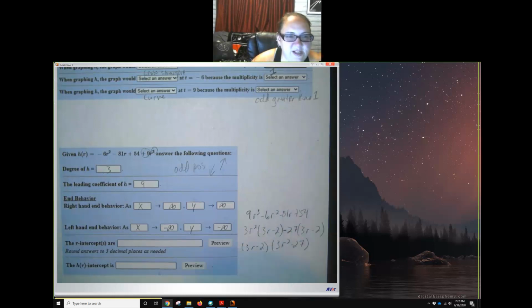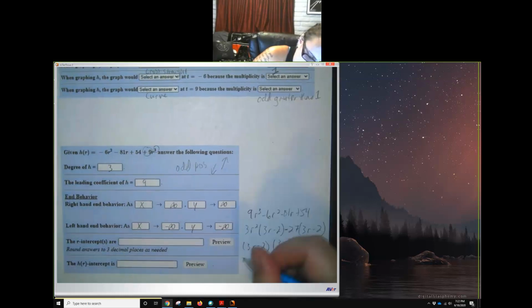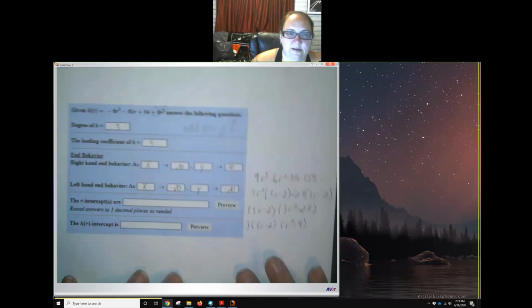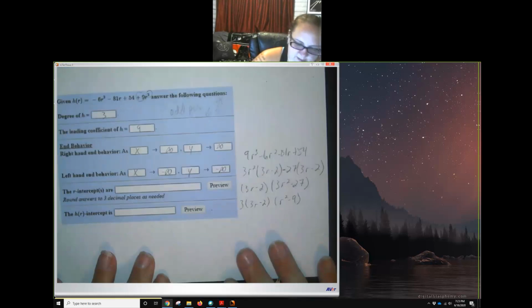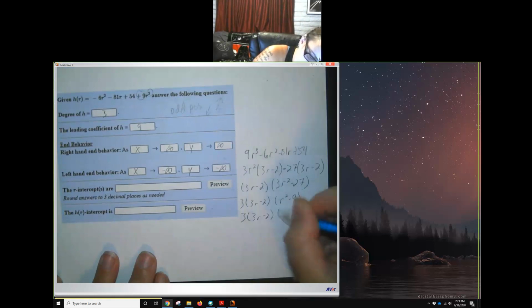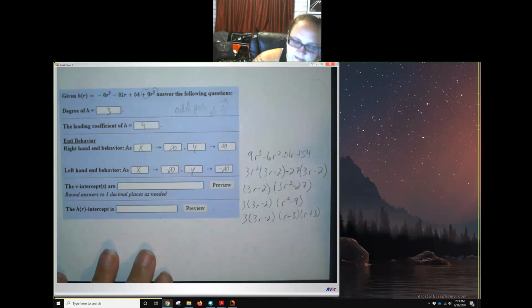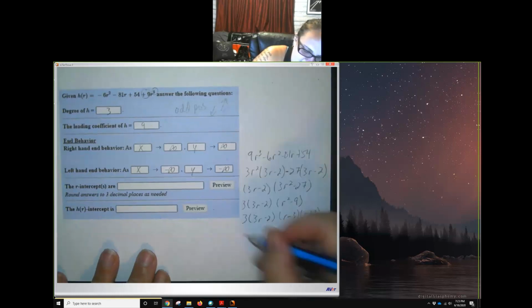So 3r minus 2 times 3r squared minus 27. Oh, there was a GCF that I could have taken out at the beginning. These have a GCF of 3. This is the difference of perfect squares. And so then we'd set each factor equal to 0 and solve.